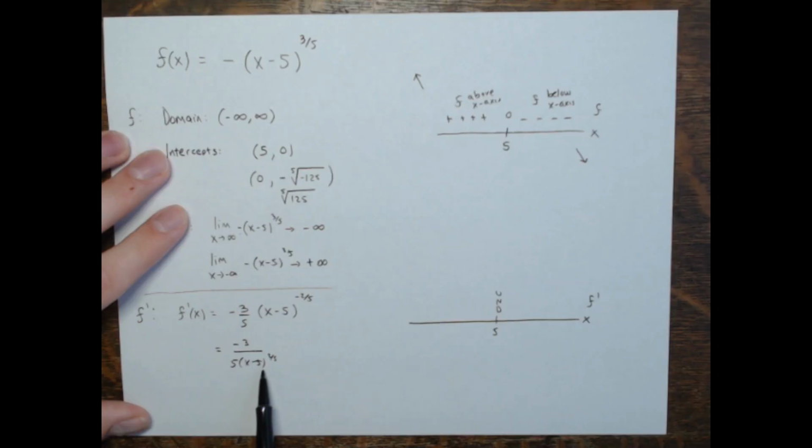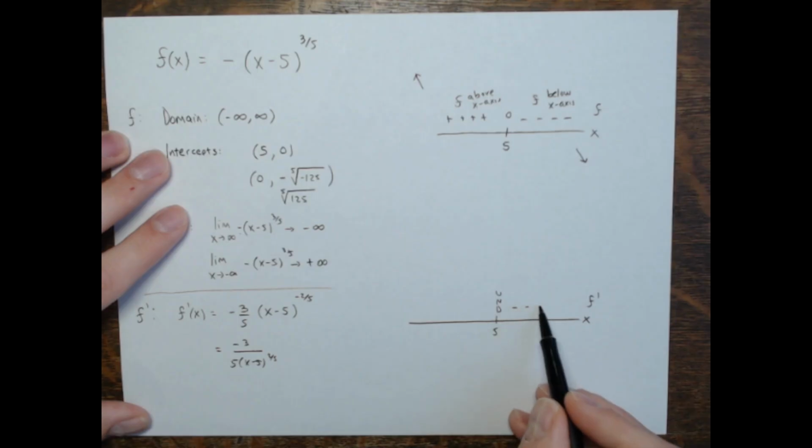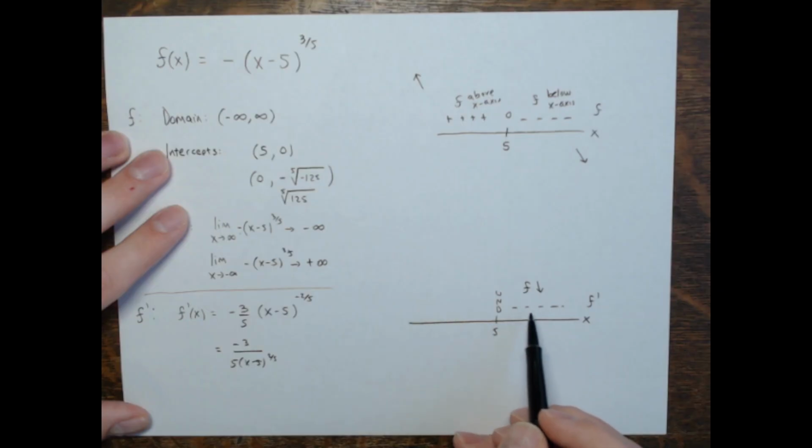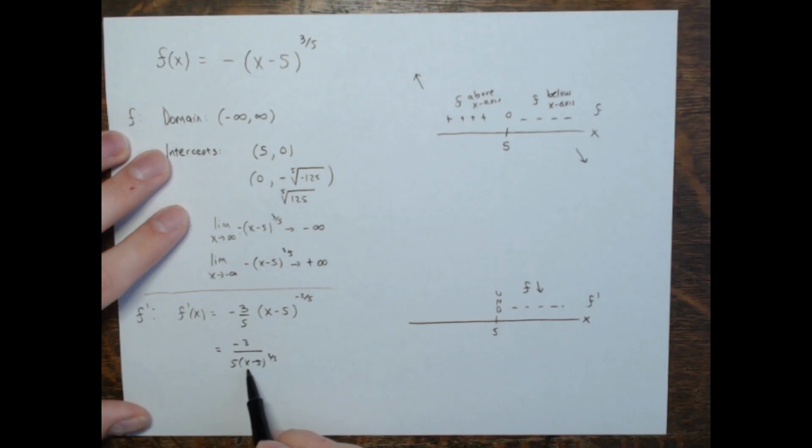Now, values to the right of 5 make this a negative. So it'll be a decreasing function to the right of 5. And then values less than 5. Again, this is a 5th root squared down here, right? There's a numerator of 2.